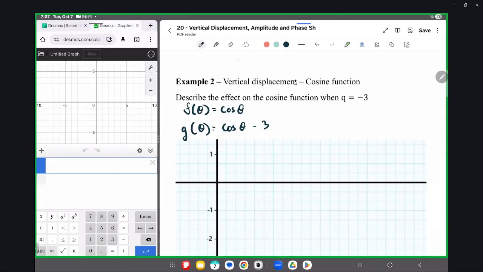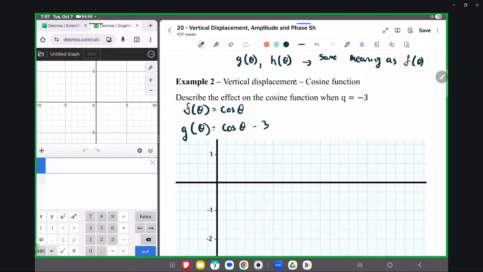And usually different letters are, say, g of theta or h of theta, the other two most common letters we tend to use to denote function notation. So we could say that these are the same as f of theta, although they're not identical.